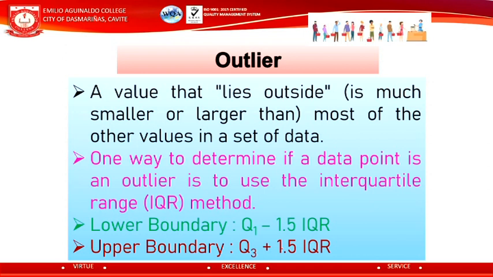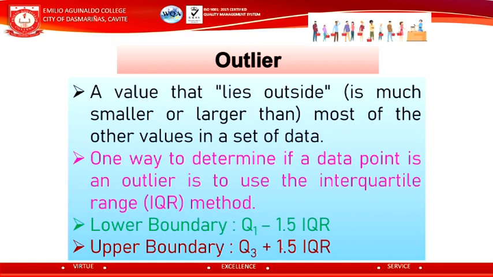For example, you're applying for a service crew, and you have a master's degree in engineering or in the field of medicine. Then you will not be accepted in that job, since they cannot give you the compensation that you are looking for, since you are overqualified. That is one of our examples of outliers. We can consider them outliers since the values are extremely low or extremely high compared to the rest of the values in the distribution.